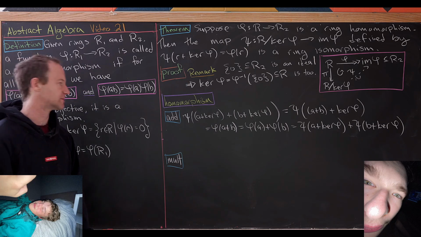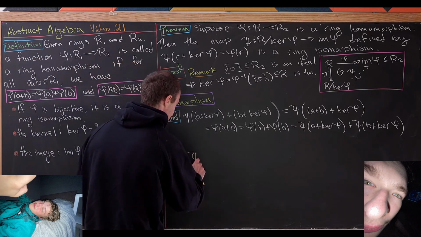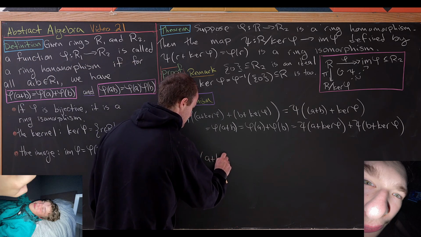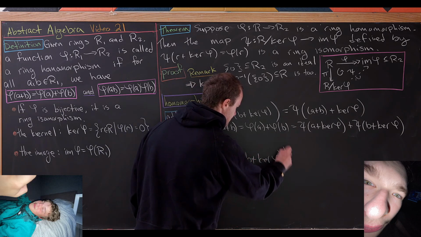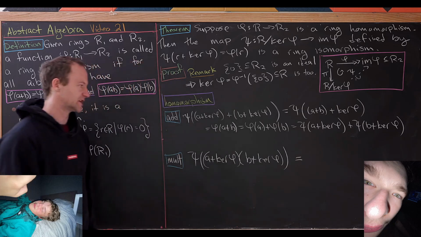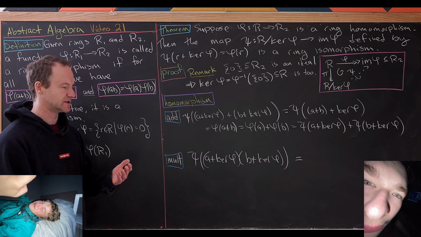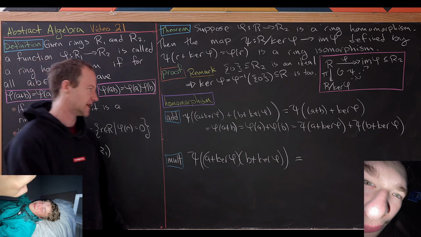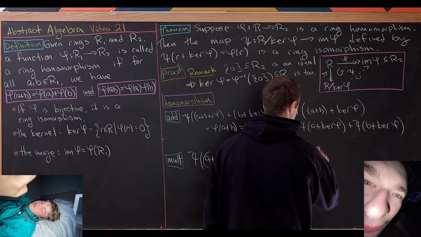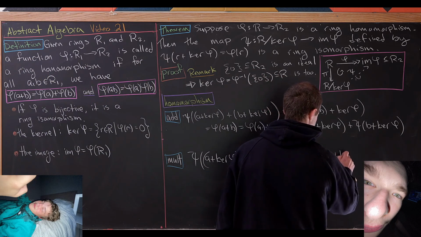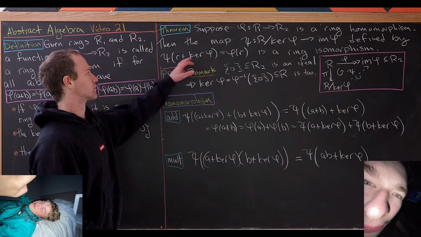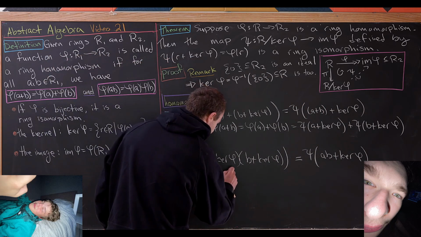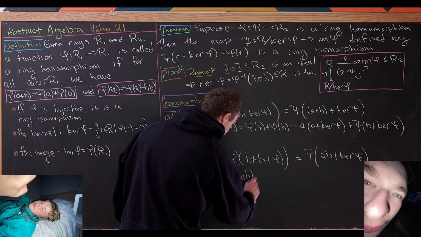Now let's look at the multiplicative property. So we have psi of A plus kernel phi times B plus kernel phi. So doing the multiplication on the inside using the multiplication rule for cosets, that is psi of AB plus kernel phi. Okay. But now using our rule for psi up here, that's phi of AB.